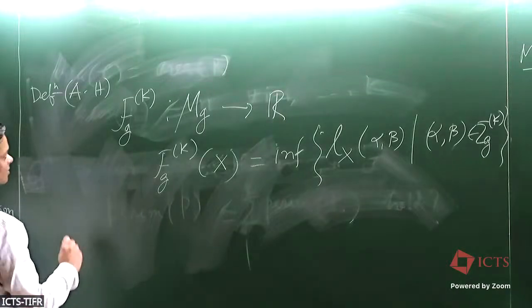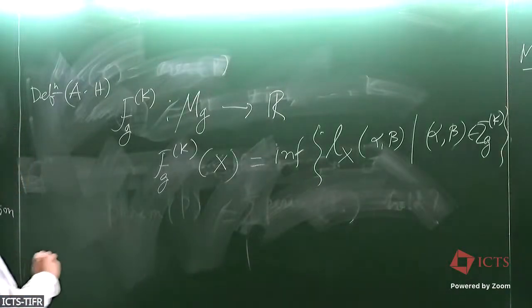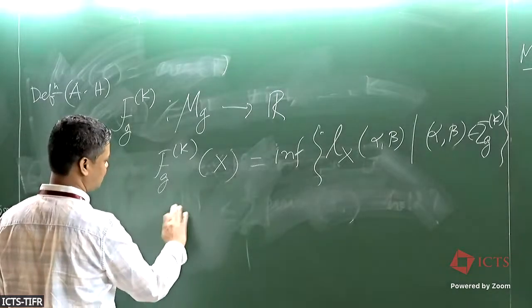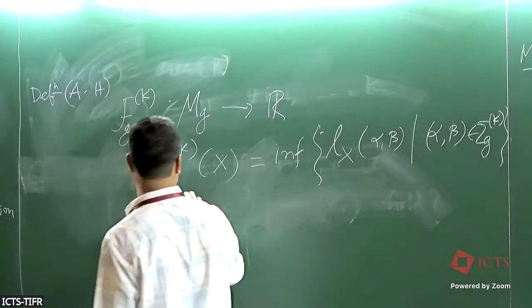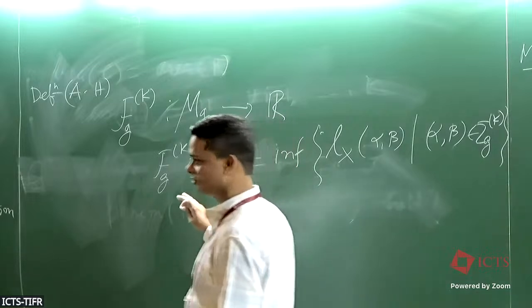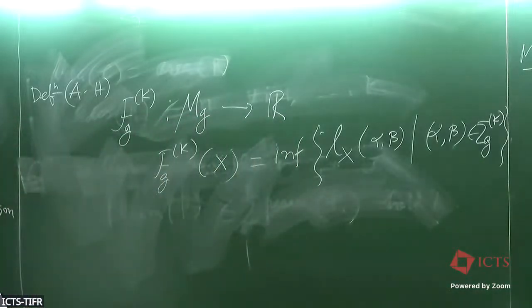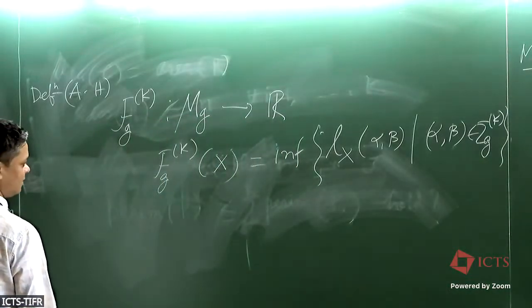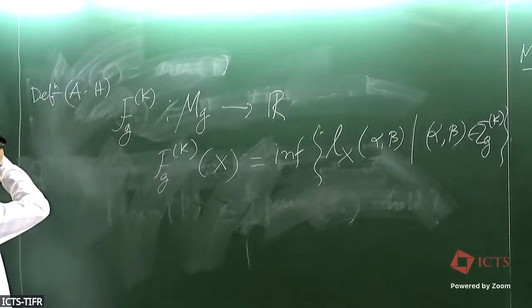So this is the function they have defined, and it has many important properties. It is a topological Morse function, it is proper, and they have studied its bounds.